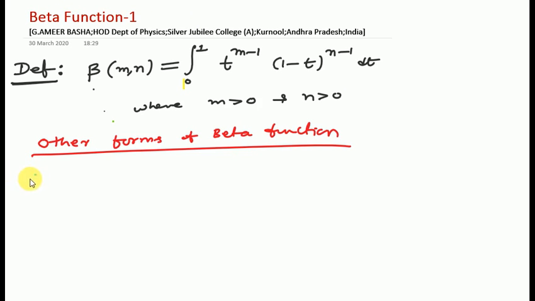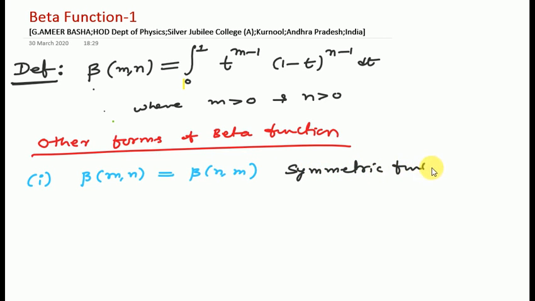The first thing will be beta(m, n) is equal to beta(n, m). So it is a symmetric function.